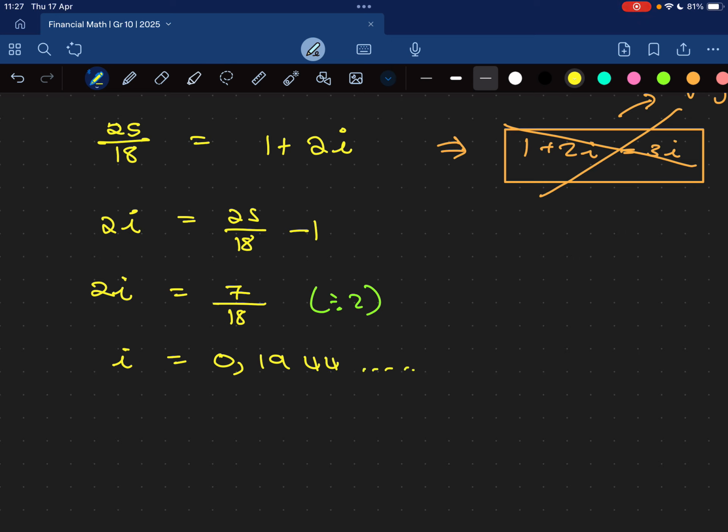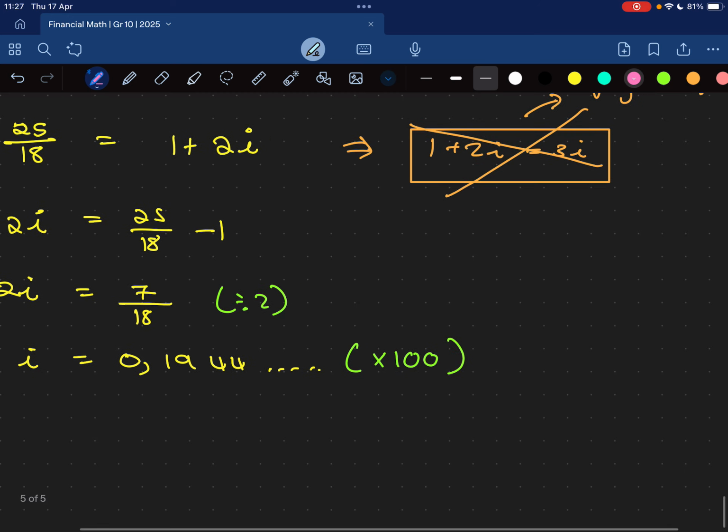But now, does that make sense? 0.19%? No, it doesn't. And it's because this answer is not in percent. This answer is the decimal for I. So you have to multiply by 100 in order to get the percentage. So this step is vital to remember.